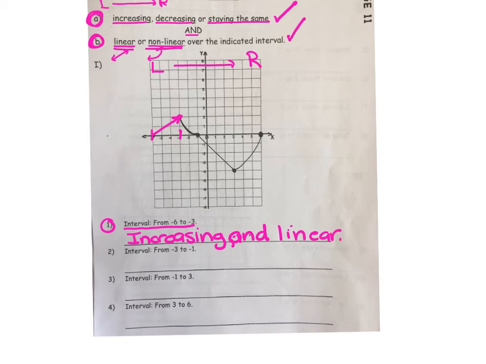Check. Now let's look at the next interval. We're talking about the interval from -3 to -1. So let's answer the first question. Is this function from -3 to -1 increasing, decreasing, or staying the same?